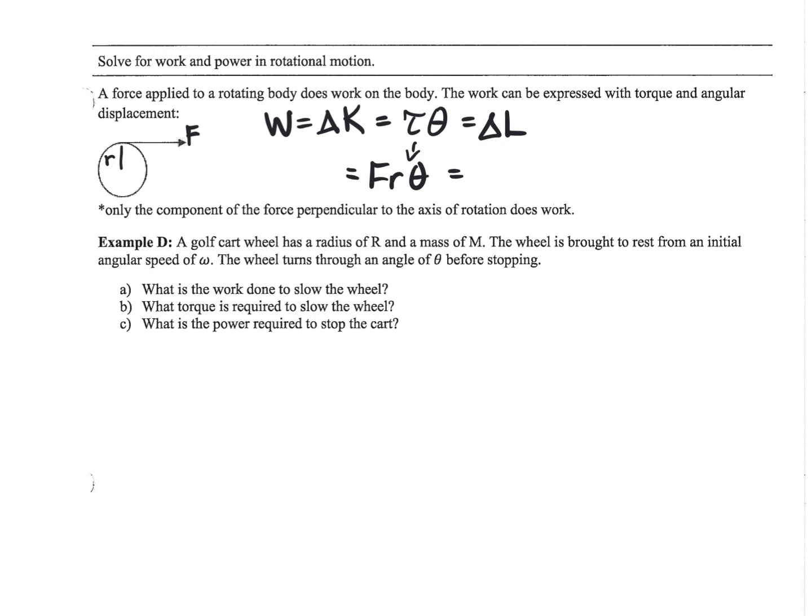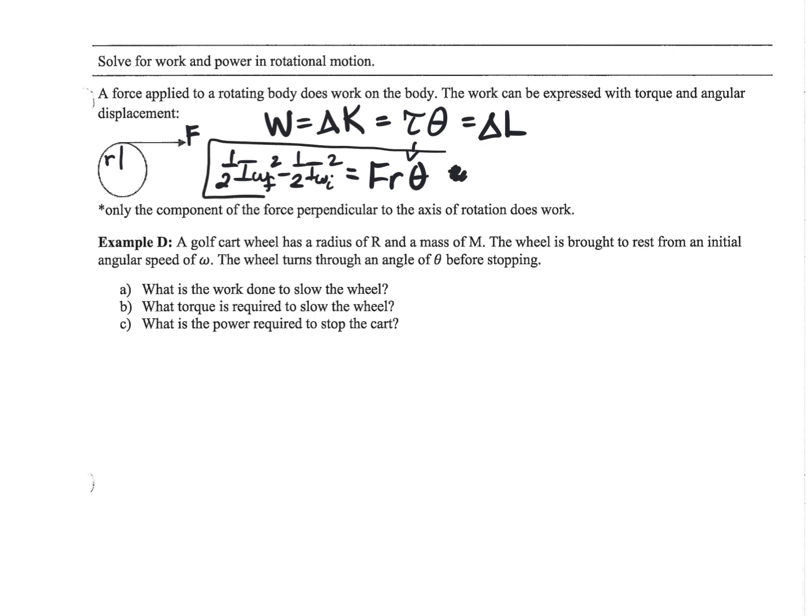Delta K would be 1/2 I omega final squared minus 1/2 I omega initial squared. Okay, let's get rid of that.